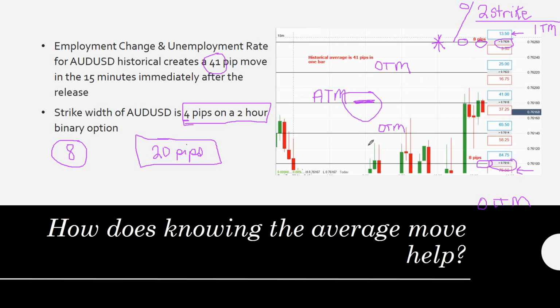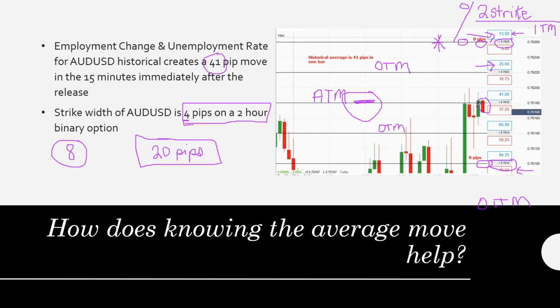Okay, how far out of the money can I go? Because the further out of the money you go, the lower your risk is, okay? Here's an example. If I went 1 strike out of the money, my risk would be $25. If I go 2 strikes on this particular chart, it would be $13.50. Does everybody understand that? Where price is trading is at the money.